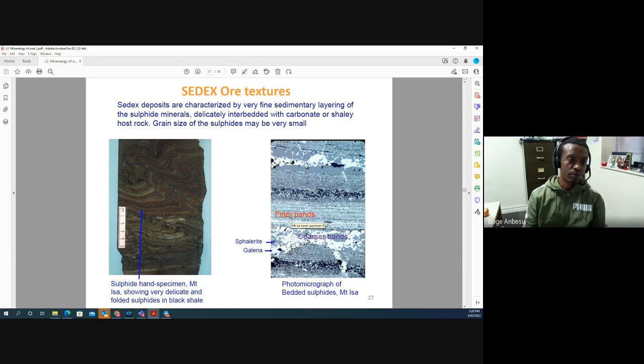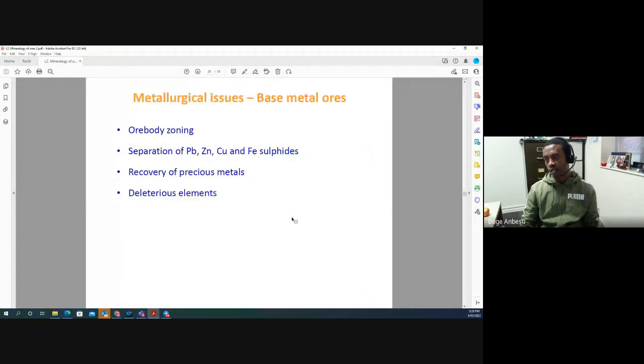And when you try to liberate by doing fine grinding, obviously comminution charges will be high, and also processing fine particles is very challenging as well. But at least because of the way they are formed during orogenesis, that gives rise to complex mineralogy, and therefore eventually you would need to deal with more sophisticated processing to be able to extract the base metals from them.